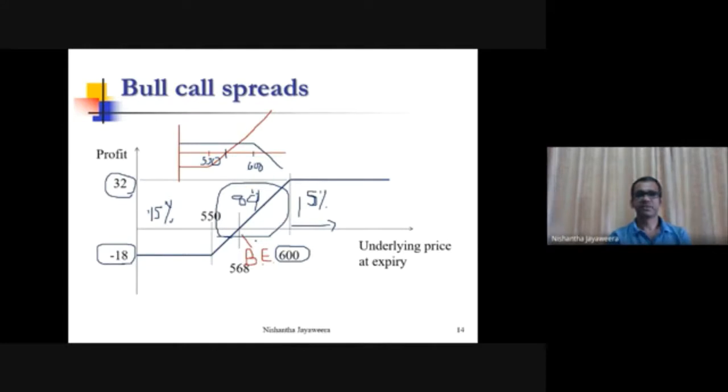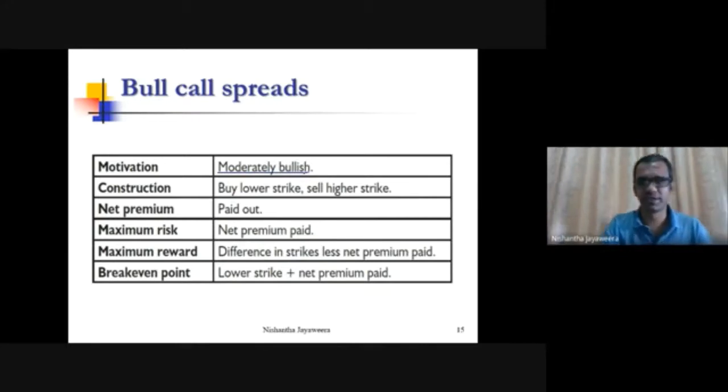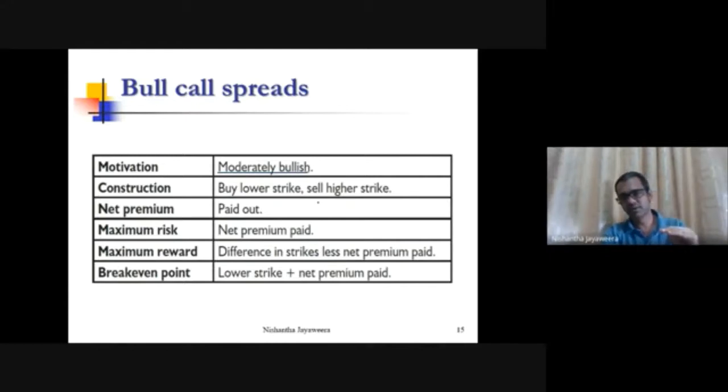Yes. Okay, now think about this, this is the summary. Motivation: moderately bullish. That means as a buyer, we call it buying a bull spread. What does it mean by buying a bull spread? You buy a lower strike option and sell the high strike option.